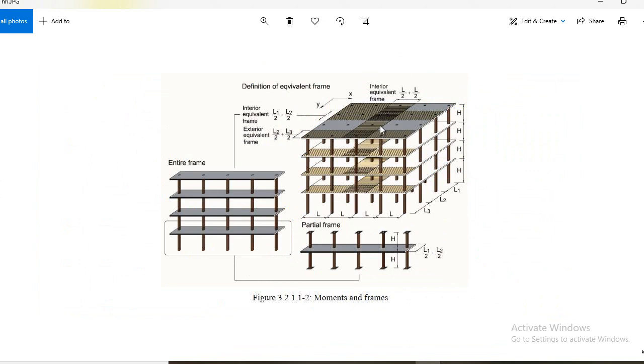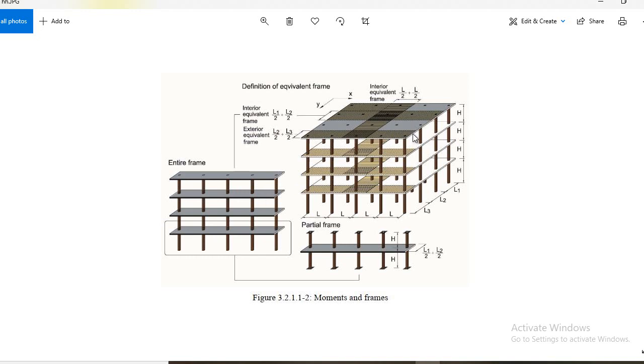Let's say we have this kind of structure, and this is a 3D frame system. Now, if you just extract this interior frame and model this 2D frame in ETABS or SAFE, this is a wrong practice.